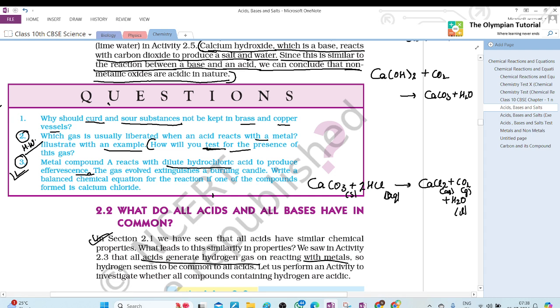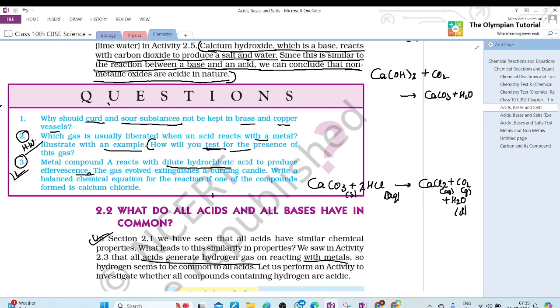Ma'am, my chemistry teacher told me one thing to remember for writing chemistry answers, we should write the concept and the example. So we have written the same thing, concept with example. Yes, it is correct, but actually the answer depends on the marking of the question. Suppose it is 1 mark, this is sufficient.